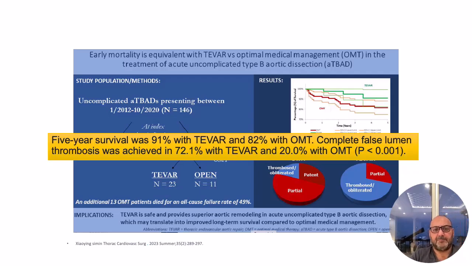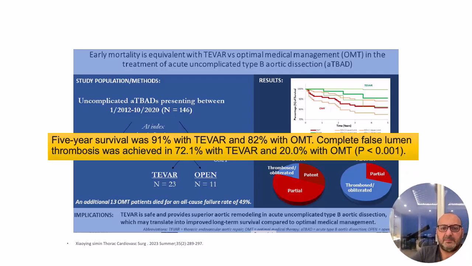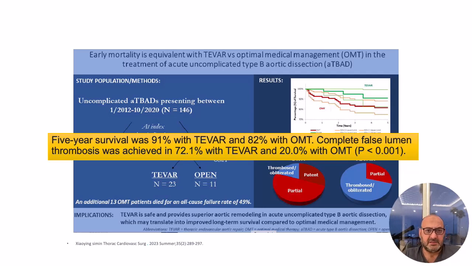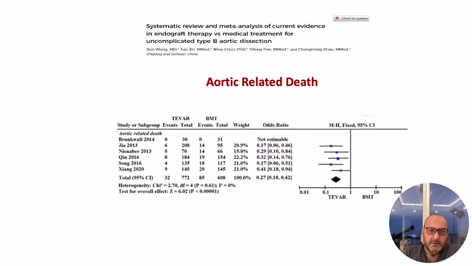optimal medical therapy. And what does that mean? That means that basically you're going to have flow into the false lumen, and you're going to have increased incidence of aneurysmal dilation and death. You look at this study, a meta-analysis from China. They looked at a lot of studies and a lot of parameters.